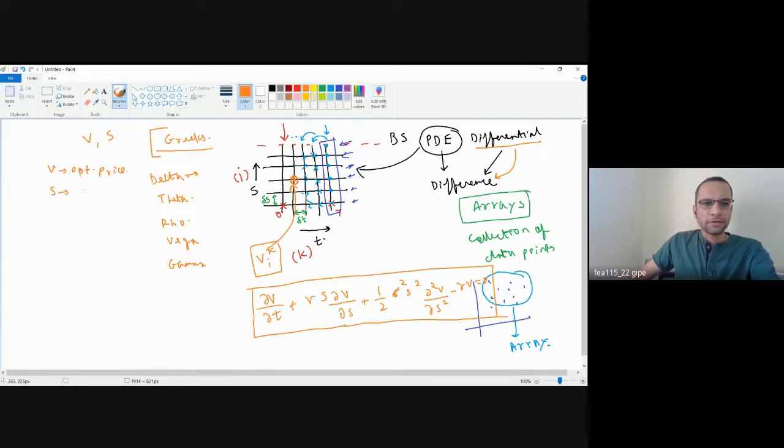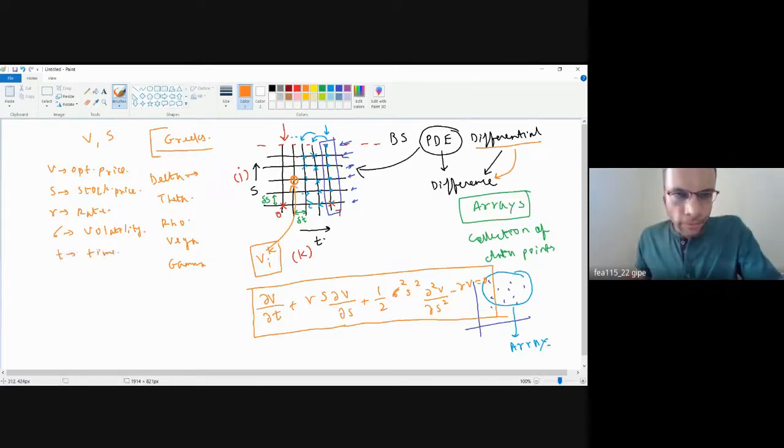S is the underlying, so we'll take a stock here, the underlying stock price. r is the interest rate. Sigma is the volatility. And T is time. Now, if I have to represent these Greeks, let me write them first and then we'll talk about it.